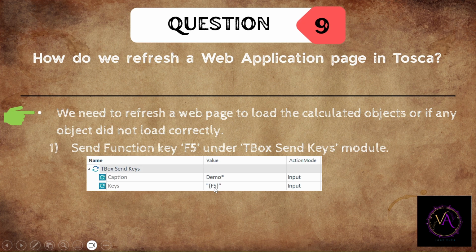But curly bracket F5 is not data, it is a function. It can't handle a function, so to handle it you fool the tool by passing double quotes before and after. In the latest versions you don't have to, and even if you do, it doesn't matter. When you run this test step, it will refresh the page.